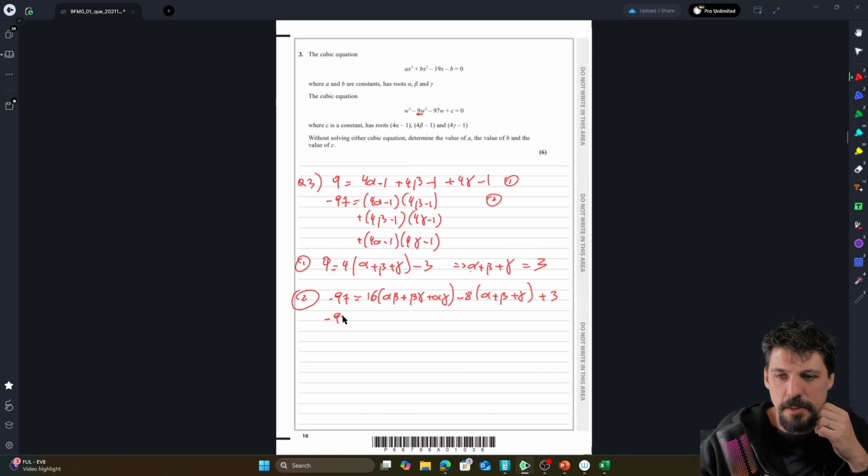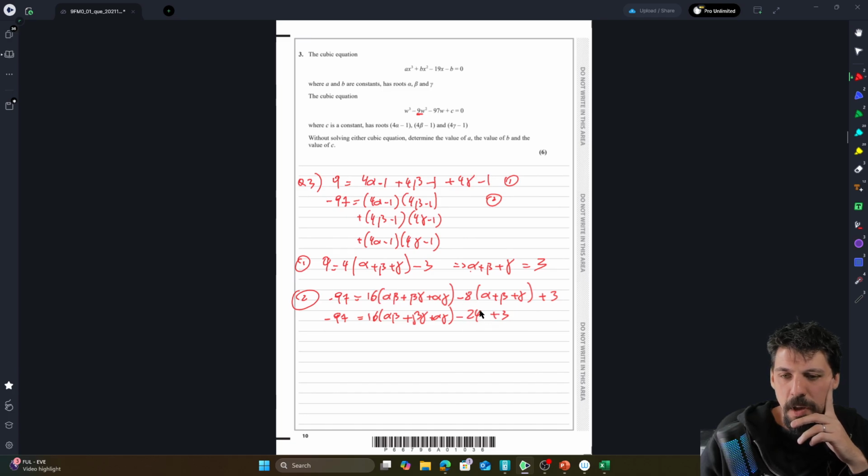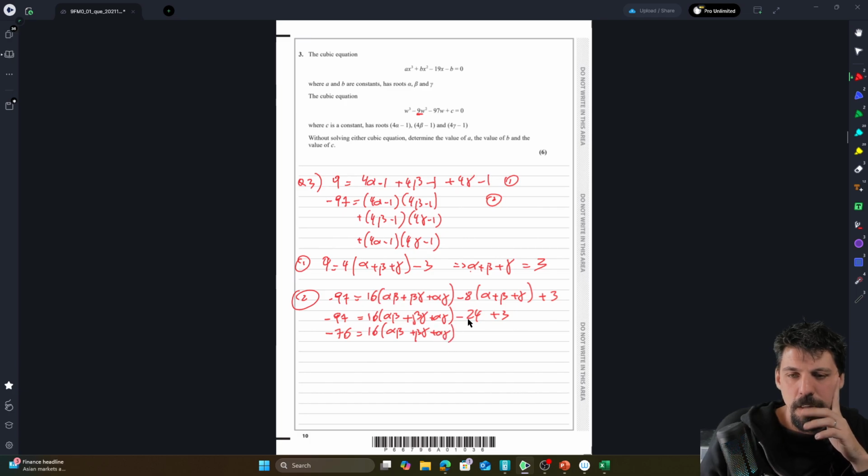So let's see what we get from this. This is 16 times alpha beta plus beta gamma plus alpha gamma minus 24 plus 3. What's that? That's minus 21. Let's add a 21. Minus 76. Is that right?